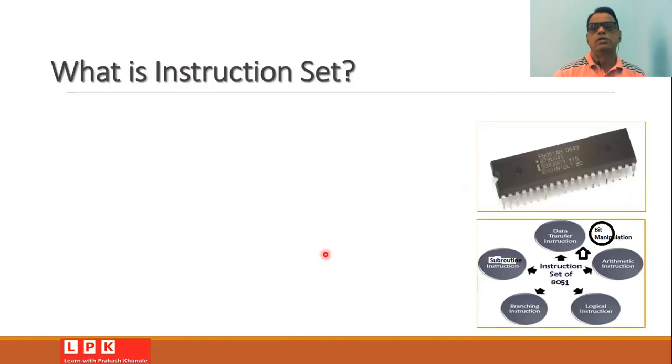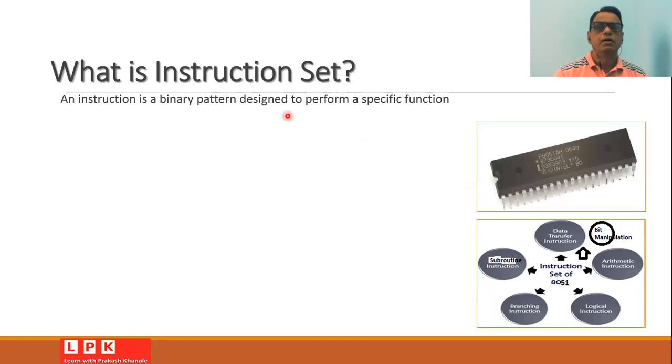So let us start the session with the question: what do we mean by the instruction set for the microcontroller 8051? An instruction is nothing but a binary pattern, and this binary pattern is designed in such a way that whenever we feed this instruction to the microcontroller unit, the microcontroller unit will perform a specific function.